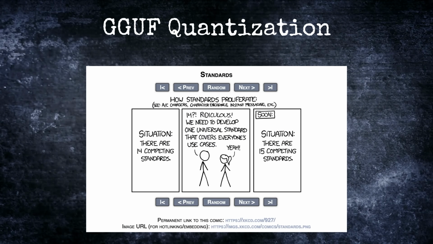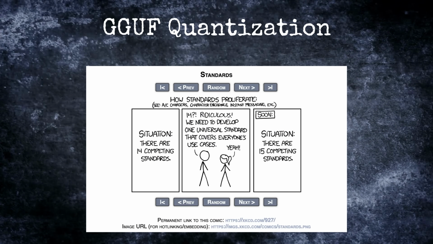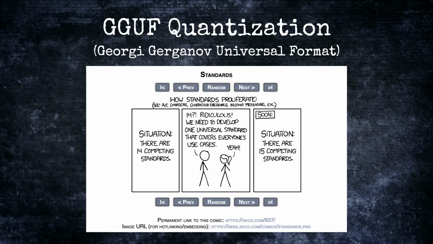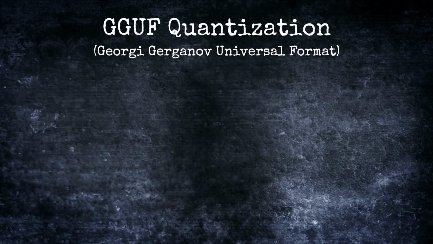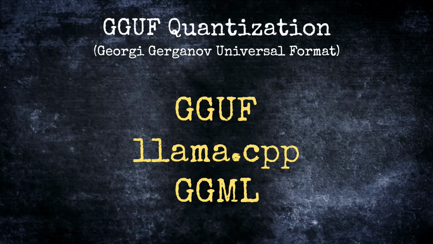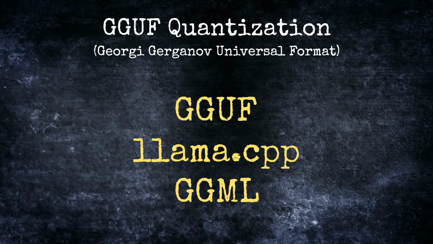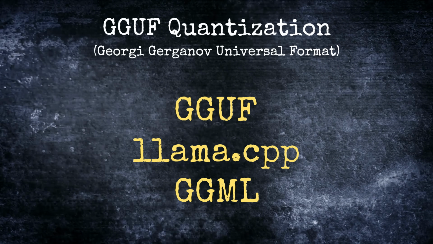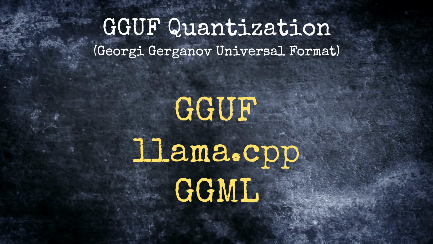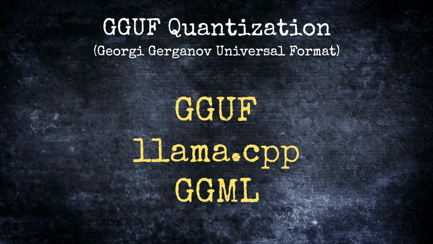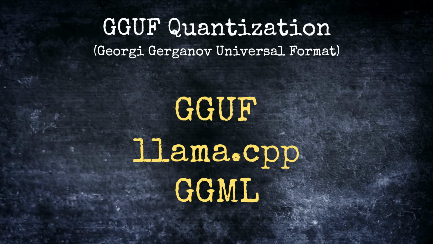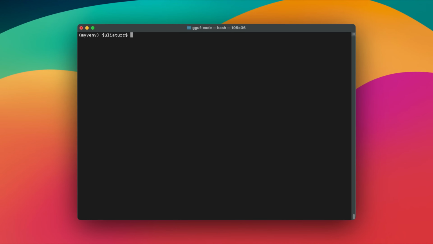Presumably, Gerganov woke up one morning and decided there were too many model formats out there, so he made a universal one. From now on, I'll be using the widely adopted term GGUF quantization to refer to this entire stack. But keep in mind, it's a bit of a misnomer since technically the GGUF format is only the tip of the iceberg.